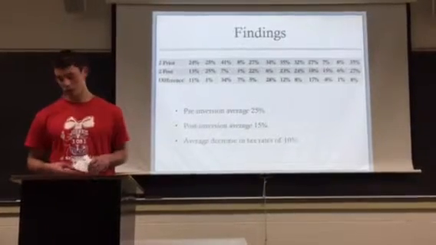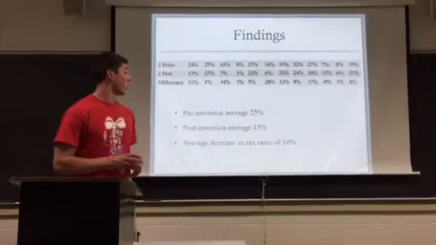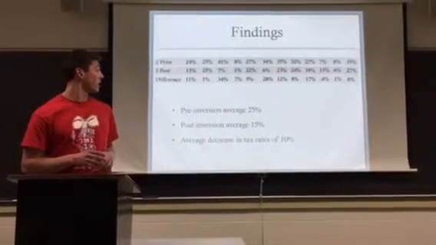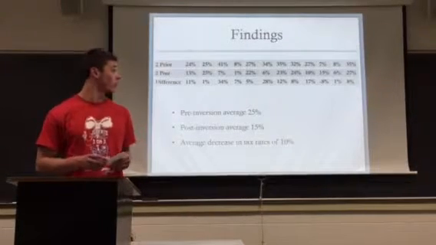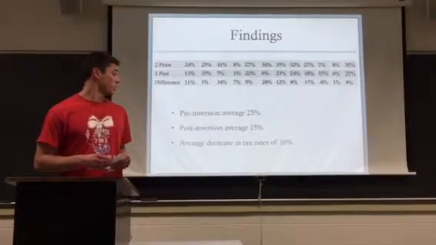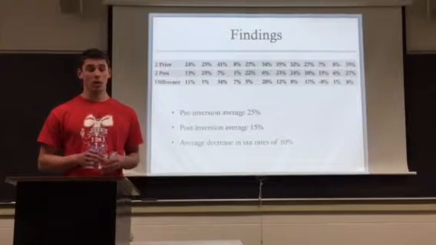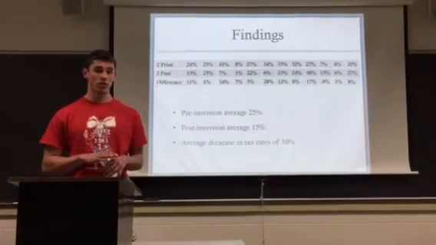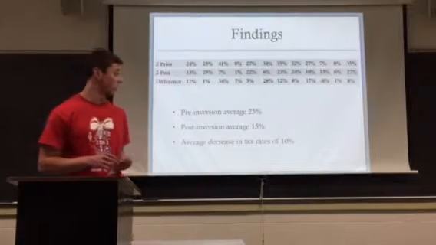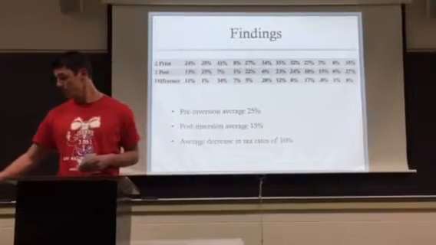And so what I found was that each and every corporation ended up with a positive impact after they inverted. The average decrease in tax rates came out to roughly 10%, with a pre-inversion average of around 25% and a post-inversion average of around 15%.